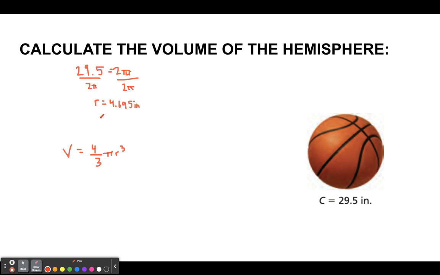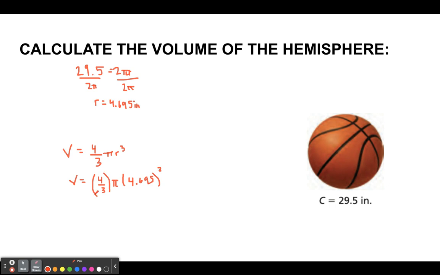So given that that is the radius, now I can plug that into my equation. Volume is equal to 4/3 pi, my radius is 4.695, cubed.